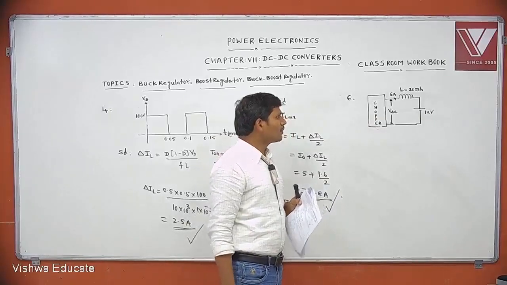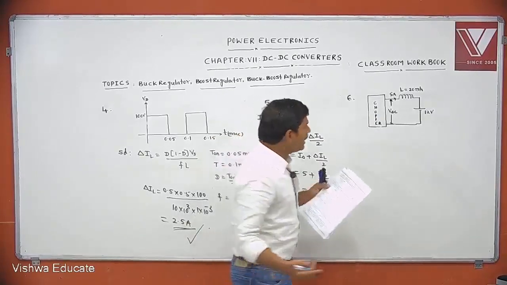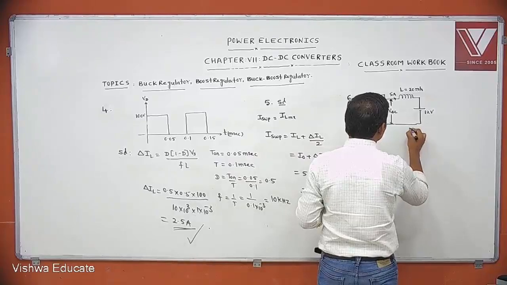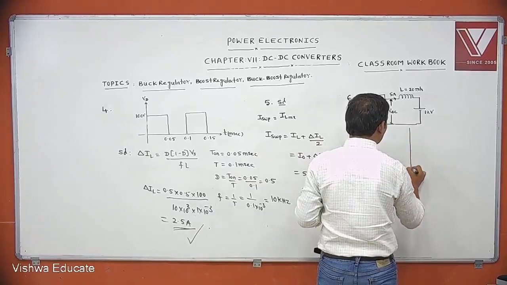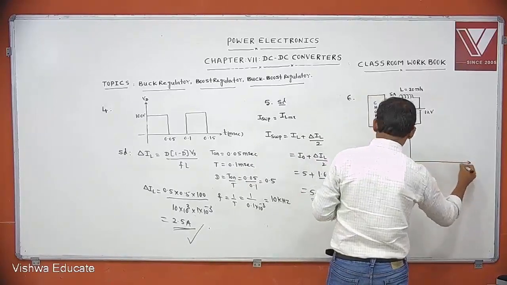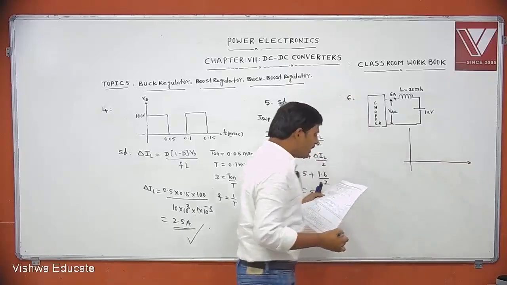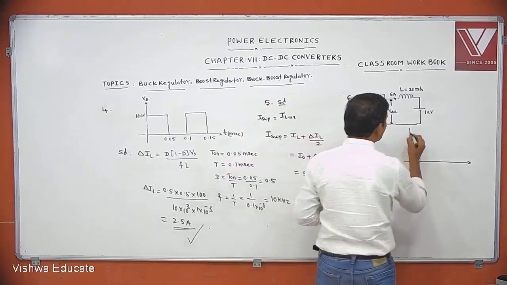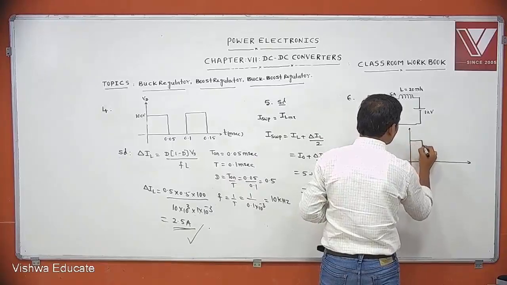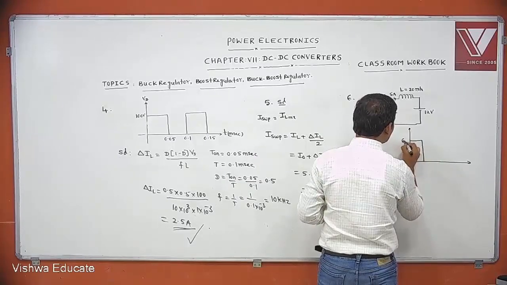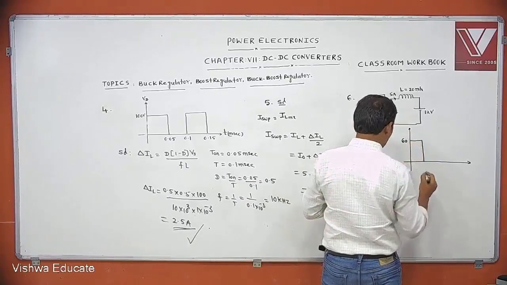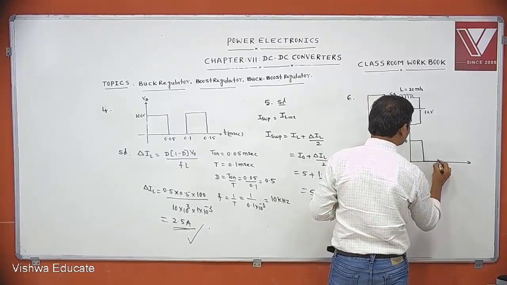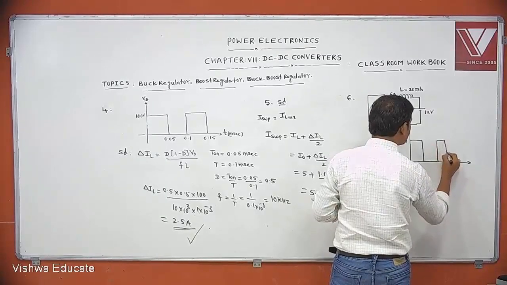Data is given like this. The chopper output voltage is also shown in the figure. This is the output voltage. This is 60 volts if the chopper is on, and when the chopper is off, again it is 60 volts.